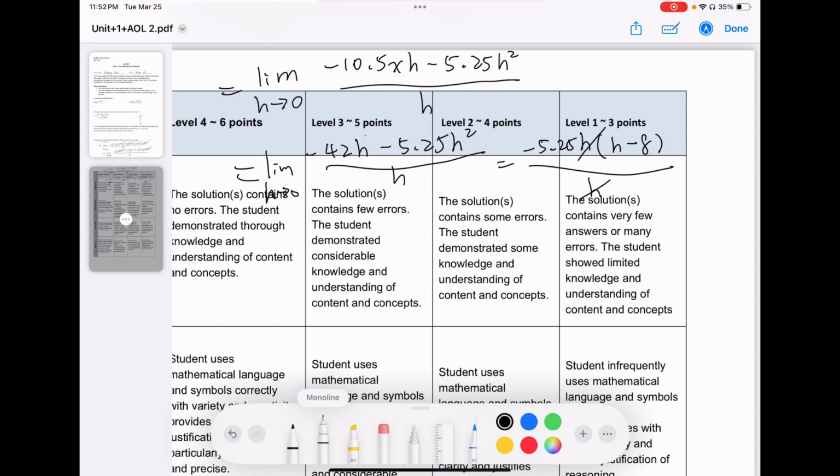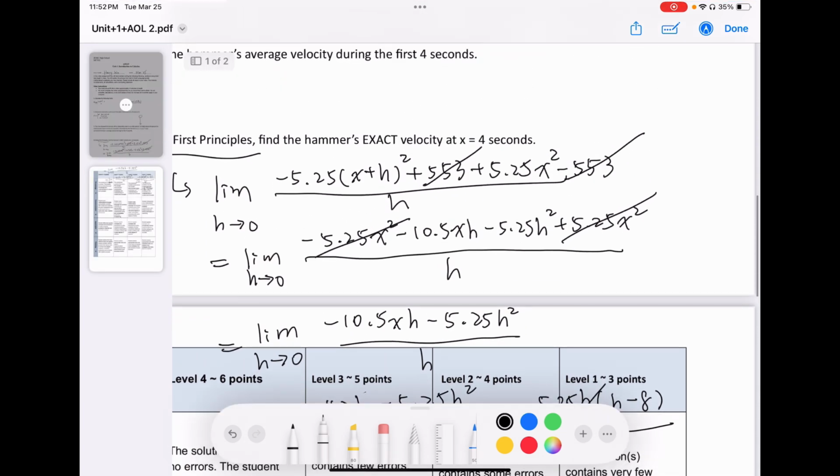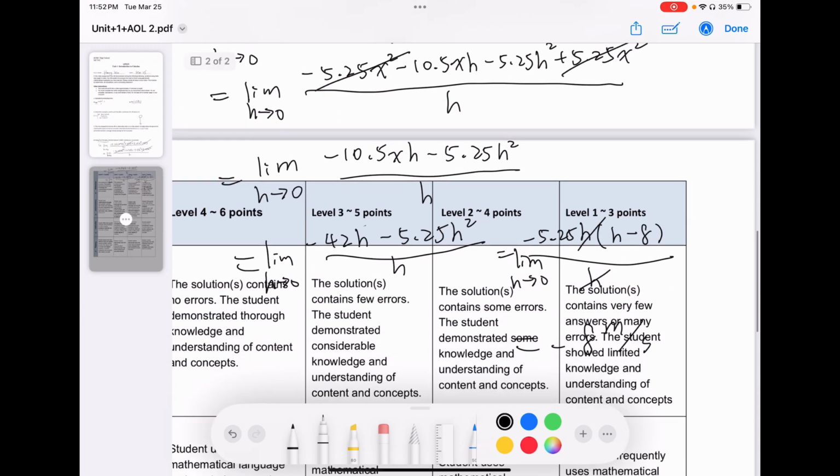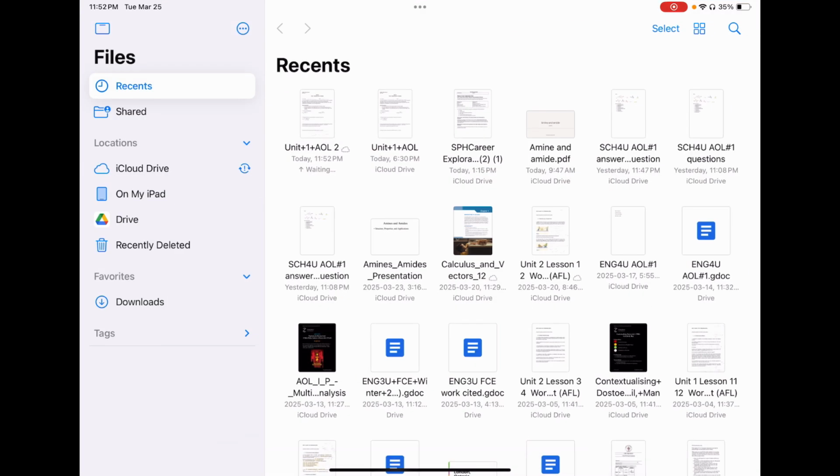I forgot to write the limit here, h towards 0. And now we just plug in 0 for h. So the answer will be 8 meters per second. So the exact velocity at x equals 4 will be minus 8 meters per second. And that's the end of my LL number 2.